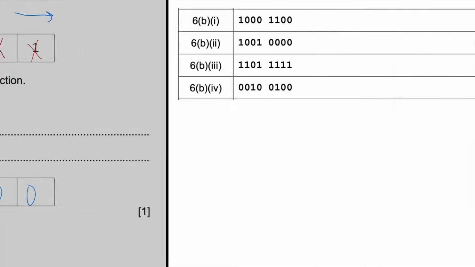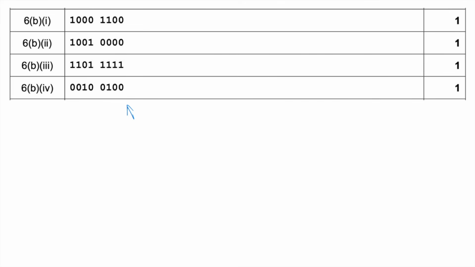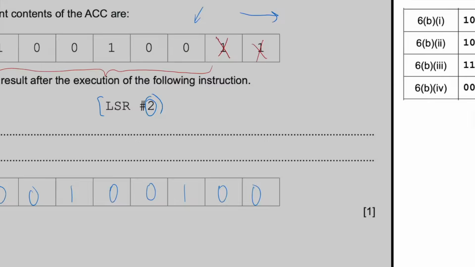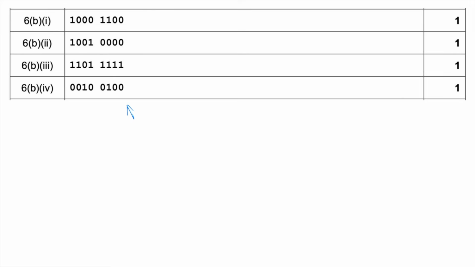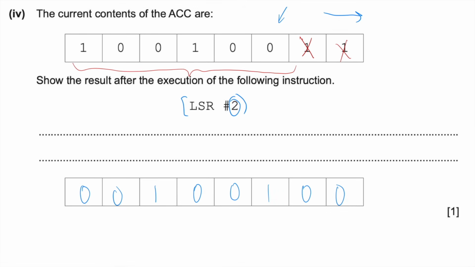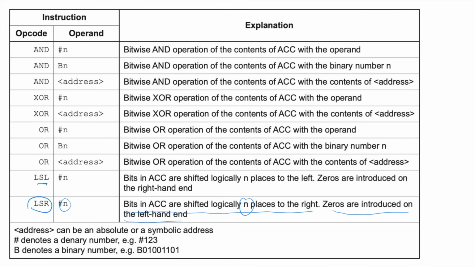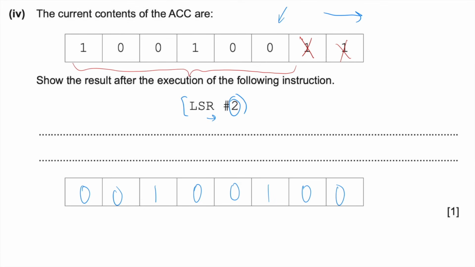So I guess this was actually number 4 right here. So you got 0, 0, 1, 0, 0, 1, 0, 0, and we are correct right there. So again, LSR is going to be shifting to the right, and we have LSL, which is shifting to the left. And that basically just means moving everything over to the right by 2 places, and that's also going to mean getting rid of the last 2 values.